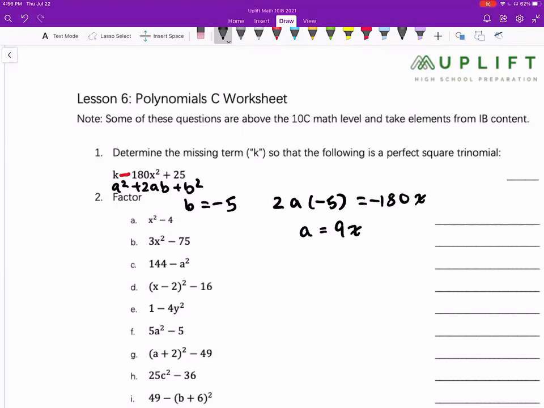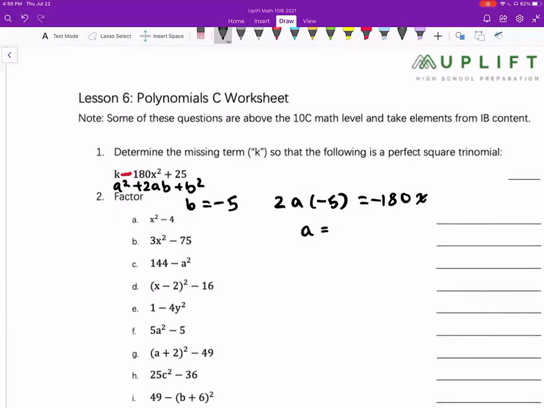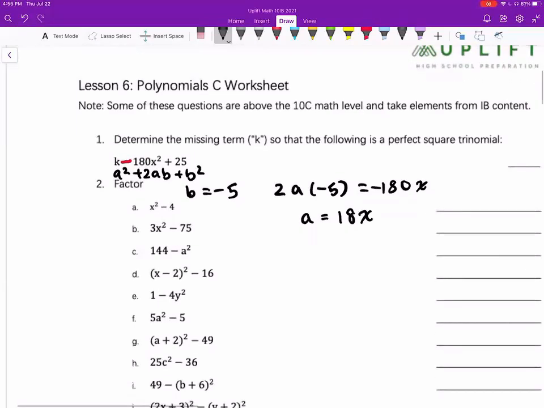Wow, you're fast. Okay, so A is equal to 9x. Wait, no. A is 18, I believe. Because A is negative. A is 18x. And then K is 18x in brackets squared.